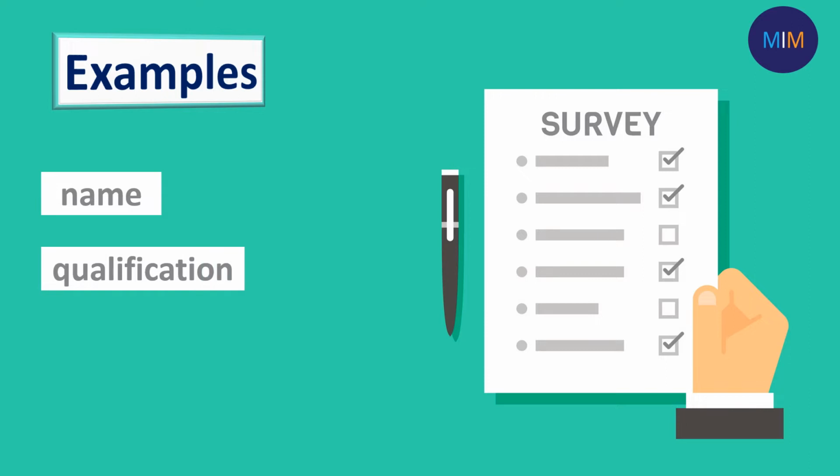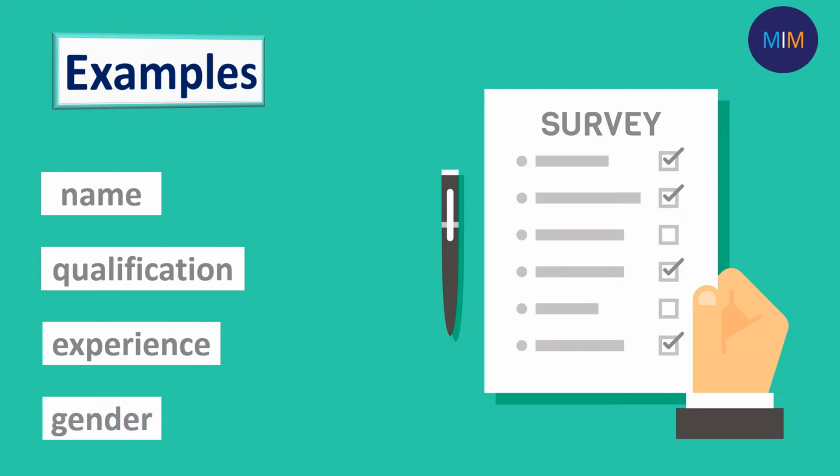What is your qualification or experience? The answer you get is in string, so this kind of data is nominal. Similar is the case with gender. Male or female, the data you get is in string, which cannot be added or subtracted and are just names or labels. So all these variables are nominal because these variables don't have any numeric value.